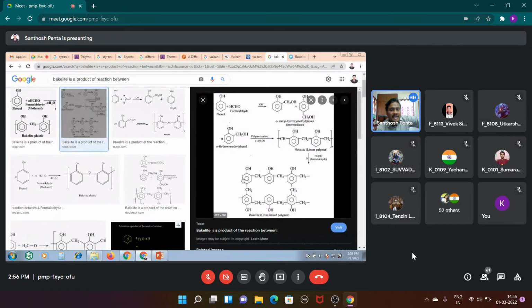This is the cross-linked polymer. That means, see, this is the ortho-hydroxymethyl phenol. So here CH2OH is there, here H is there, H2O is eliminated, then methylene is there. Then similarly, here OH, CH2OH, that OH and here H. So, okay, this is one of the cross-linked polymers, that is the Bakelite.